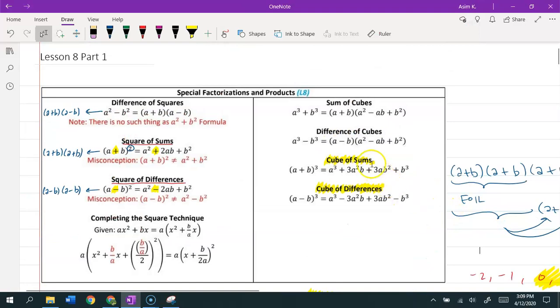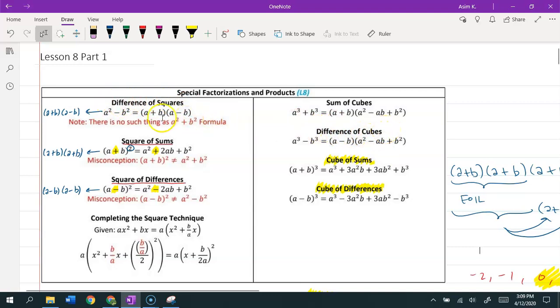One thing I'll say before I move on and try that example is notice how there was a square of sums formula and there was a square of differences formula. Now there's a cube of sums and a cube of differences, so that's already adding a lot more for you to learn. But at the same time, if you had a difference of squares, you can actually have a difference of cubes. That's crazy, right?